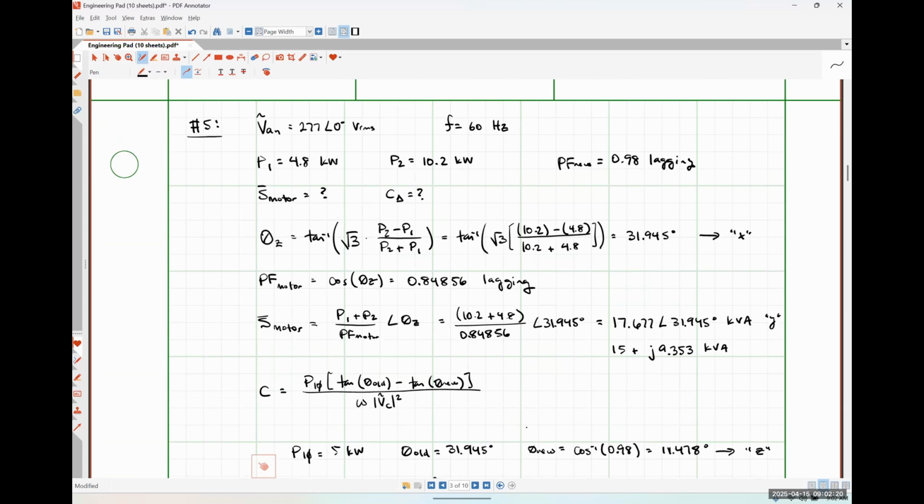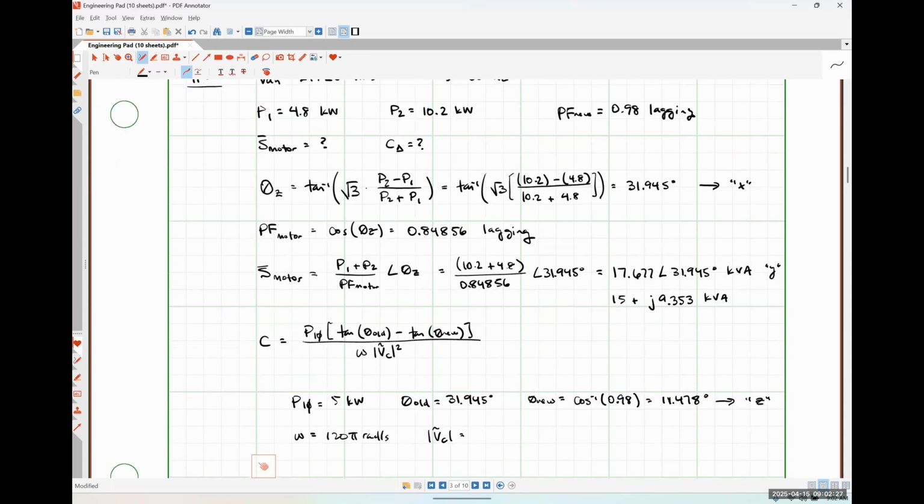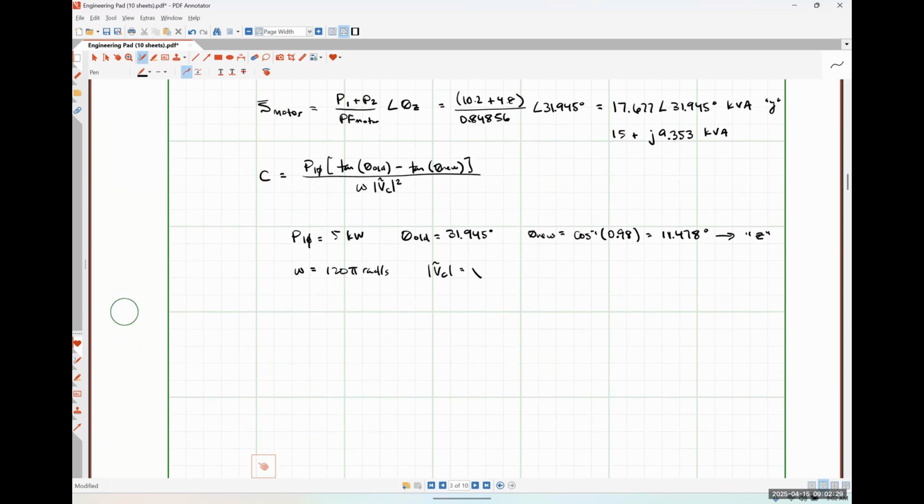So what do you think we're going to do to go the opposite direction here? Multiply by √3, which should come out to be something very close to 480 volts RMS. So √3 times 277 volts RMS is 479.778 volts RMS.